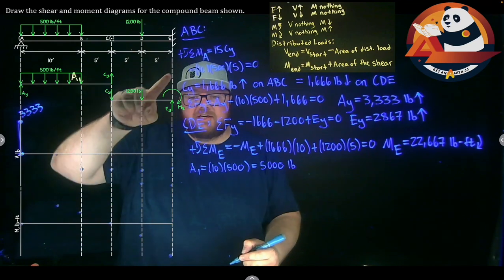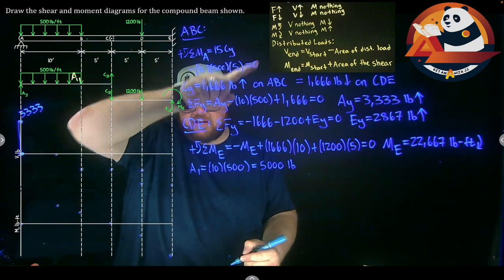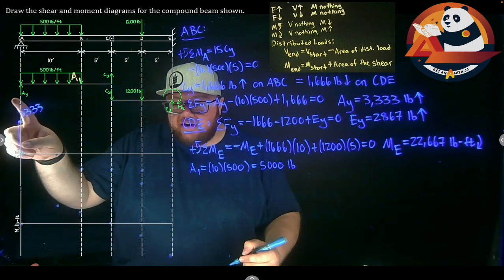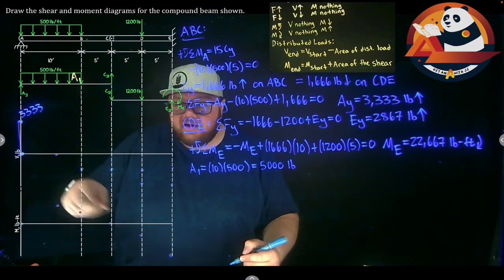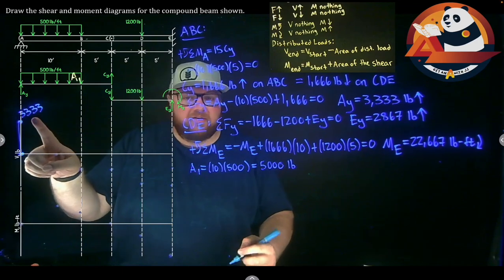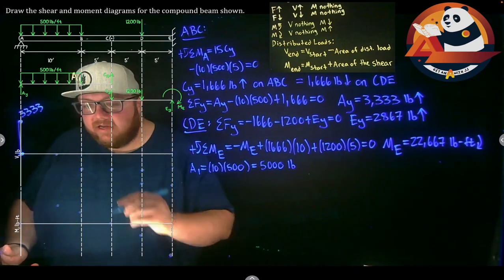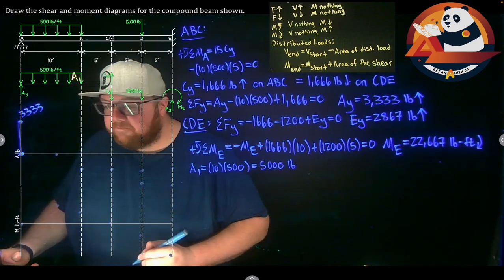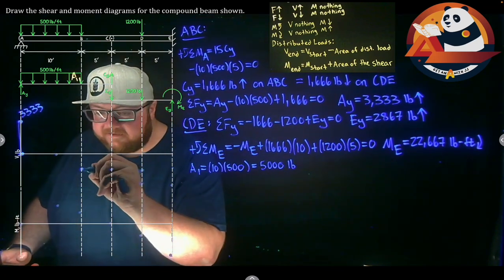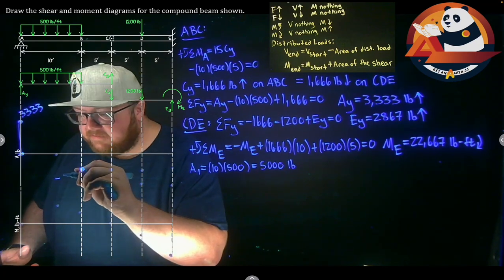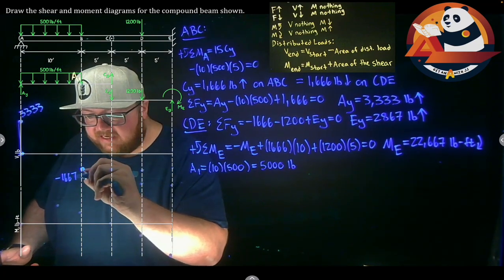From there, we can start moving across. Applying this rule, the shear at the end of area 1 equals the shear at the start of it, 3333, minus area 1. So 3333 minus 5,000 gets us to negative 1667.